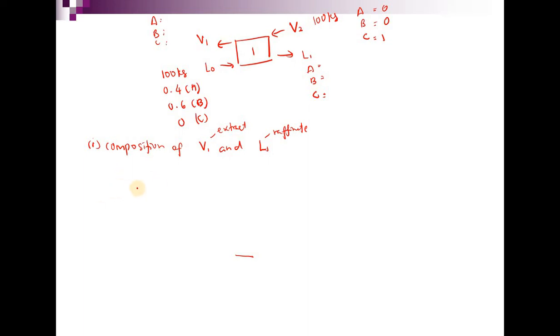I will put the overall mass balance: L0 plus V2 is equal to M, and M is equal to V1 plus L1. I don't have the values for V1 and L1, I will only use this as the overall mass balance. Next, for L0, I will do a mass balance on component A.